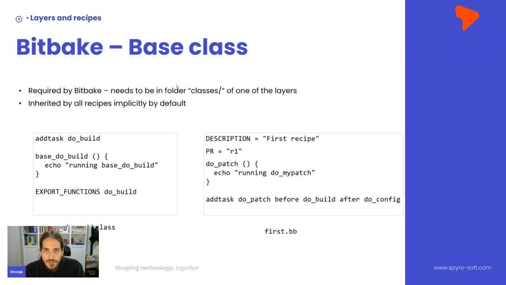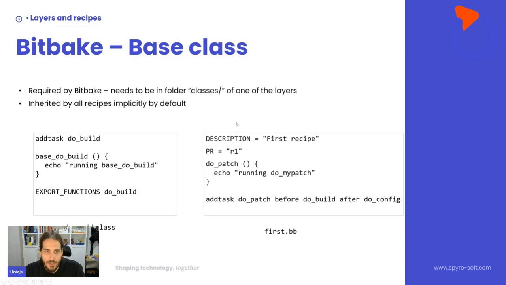And why is this class special? Because every recipe that we have inherits this class implicitly and by default. So basically, we don't need to explicitly set inherit base. BitBake will implicitly inherit it by default.